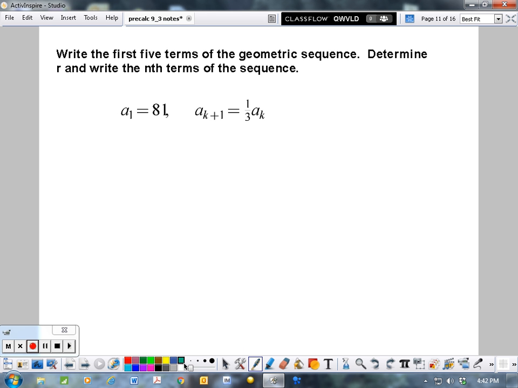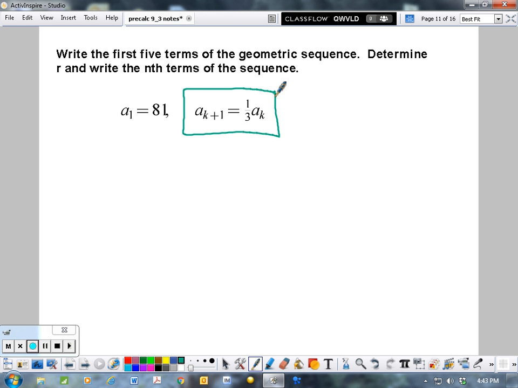Okay, write the first 5 terms of the geometric sequence, determine r, and write the nth terms of the sequence. So why do we have this? Because we have this little thing here that we don't talk a lot about, but we do a little, and so sometimes people look at that and they're like, what does this mean? So I wanted to talk about it one more time.